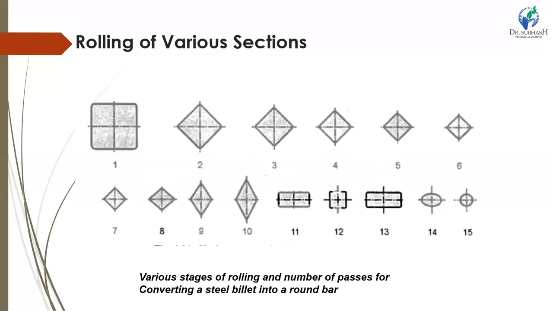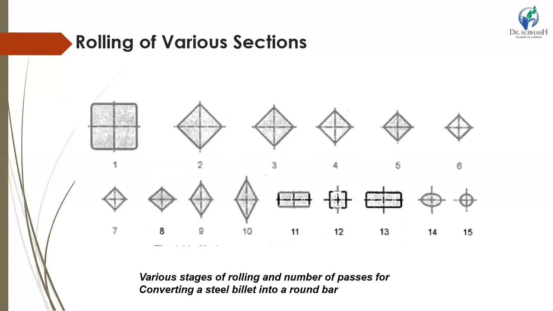The desired reduction of the cross section of the billet to the required shape cannot be done in a single pass. The figure shows the sequence of rolling, the number of passes required to reduce the cross section of a billet to a round steel bar.